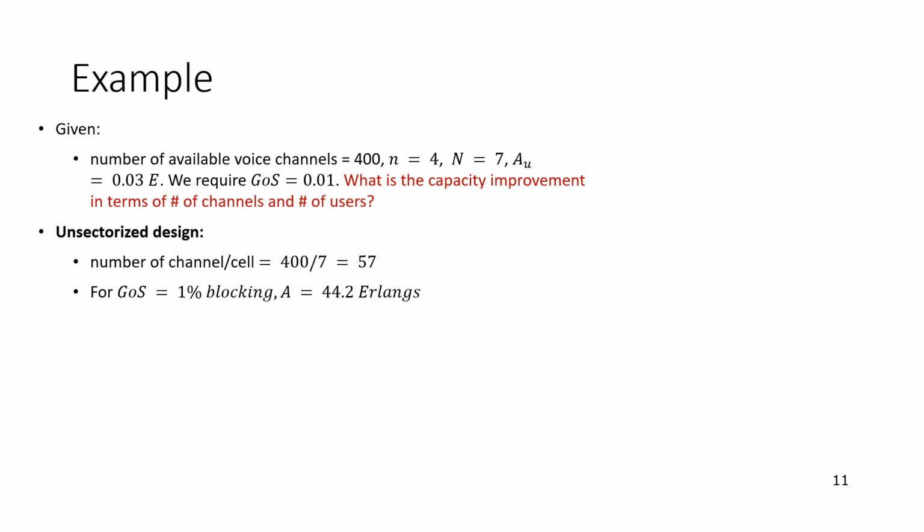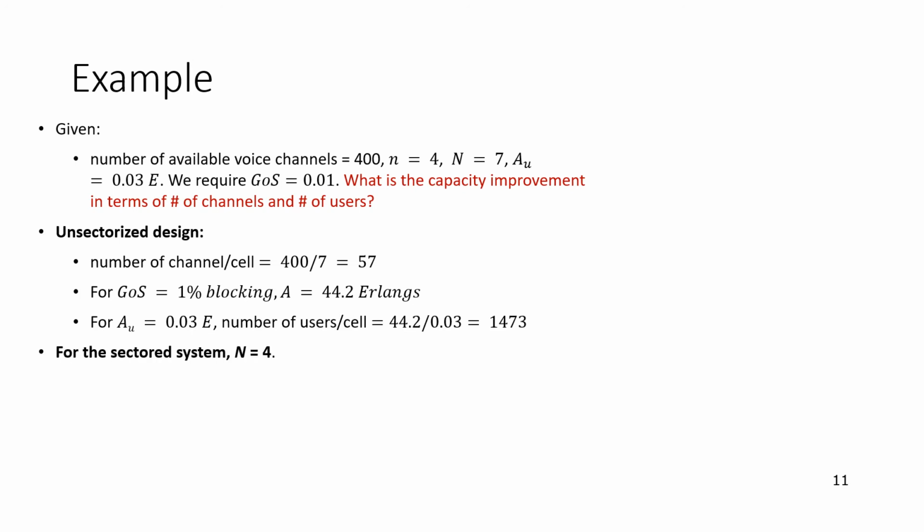For a grade of service of 1% blocking, we use Erlang B formulas or curves, and that will give you A equal to 44.2 Erlangs. Now of course, if every user is taking 0.03 Erlang, then you divide the total traffic by the traffic per user. That will give you 1,473 users.